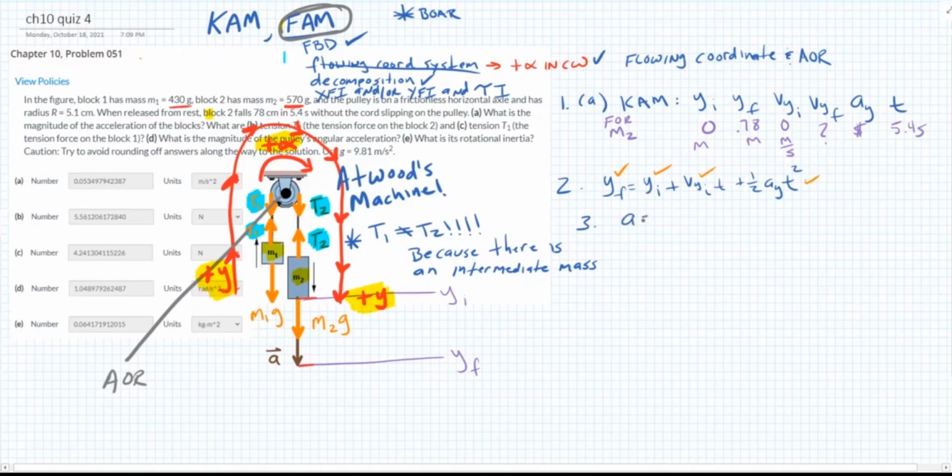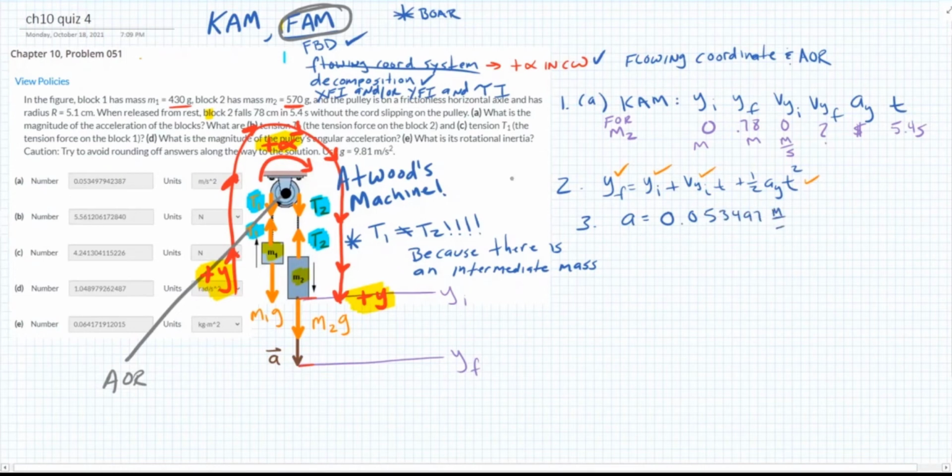So A equals 0.05 and some change. Store it as A. 0.05349 meters per second squared.